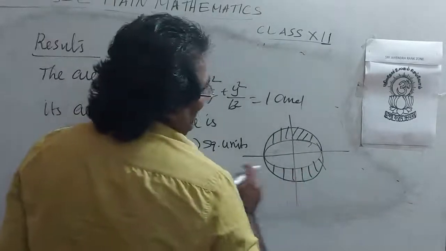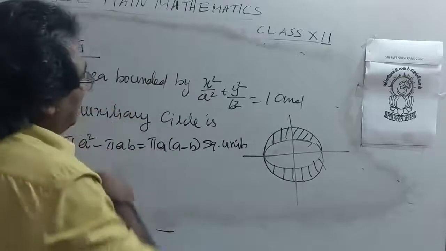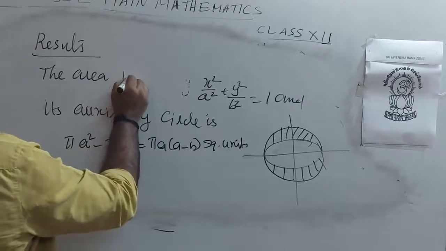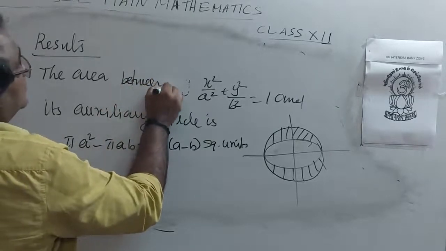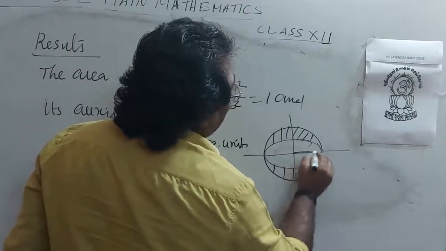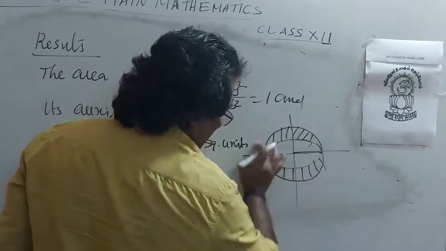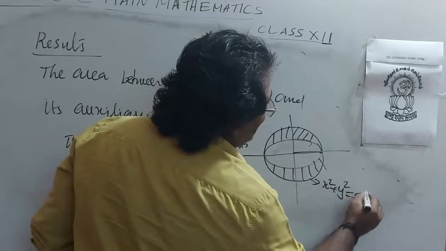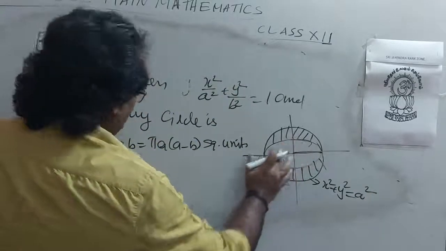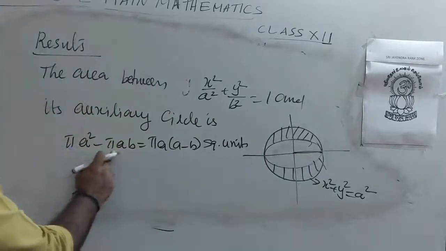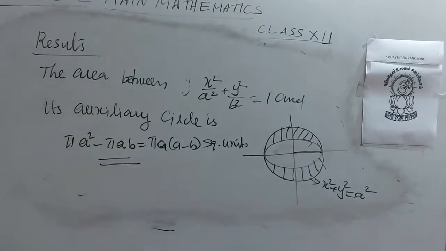This is the ellipse and its auxiliary circle, a circle having the semi-major axis as its radius. Its equation is x squared plus y squared equal to a squared. So the area of the circle is pi a squared, the area of the ellipse is pi a b, so the difference is pi a into a minus b square units.